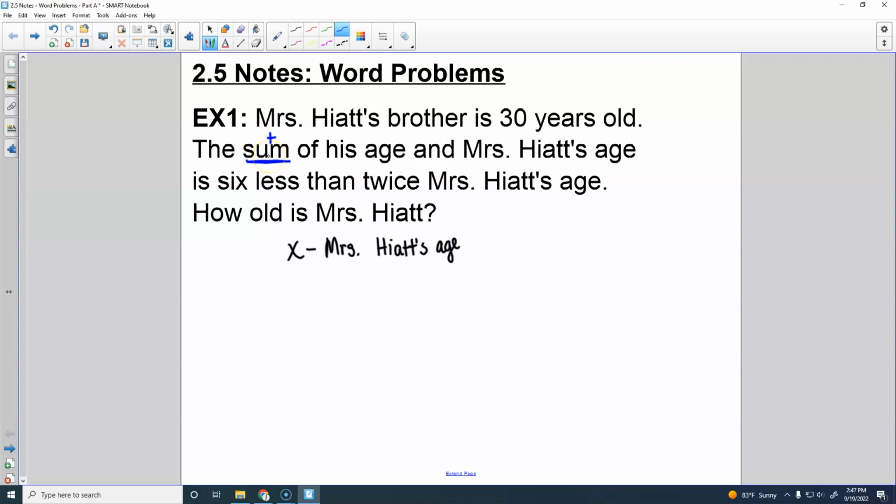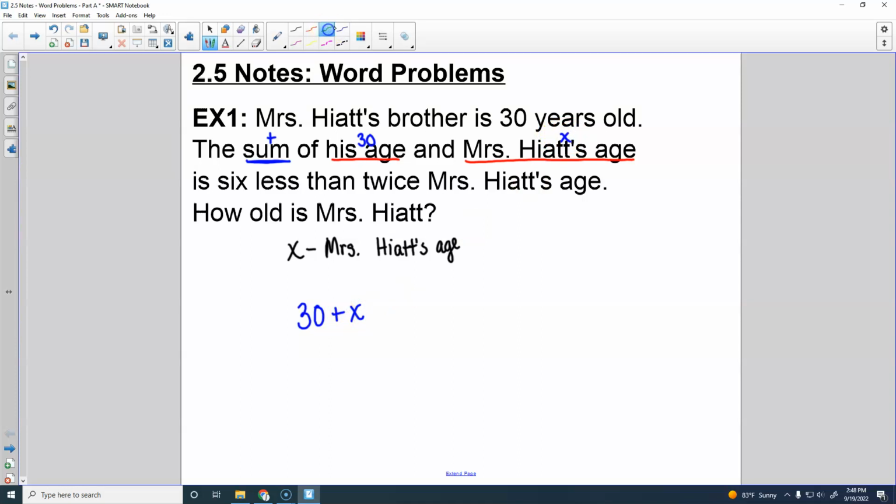So whatever comes after this is going to be the two things I got to add together, right? So I've got his age and Mrs. Hyatt's age. Do I know his age? What is it? 30. So I don't have to use a variable for that. I know that it's 30. Plus Mrs. Hyatt's age. Do I know it? No. That's what I'm using my X for.